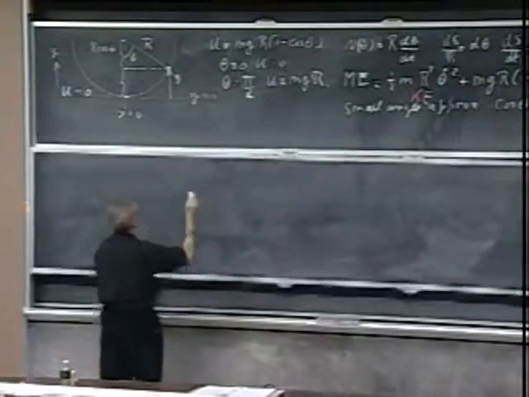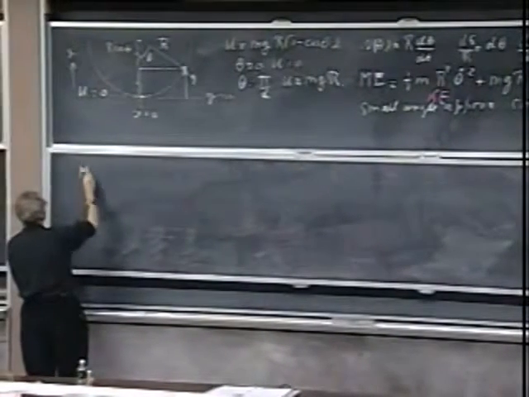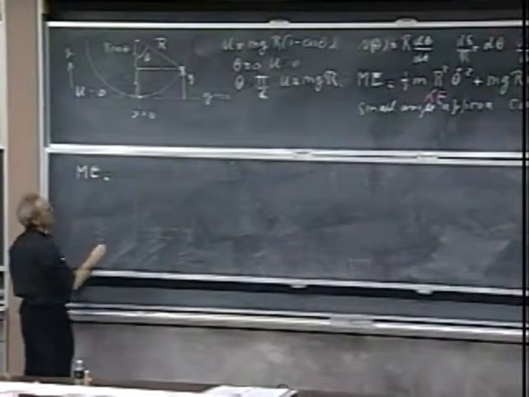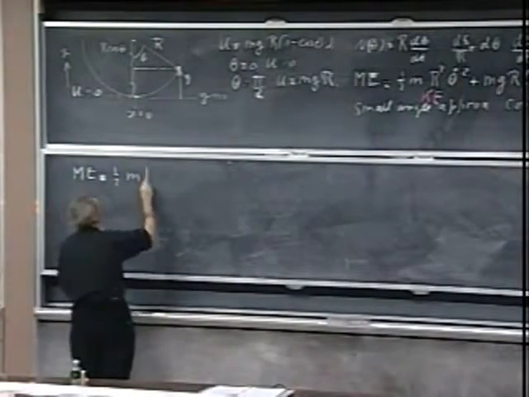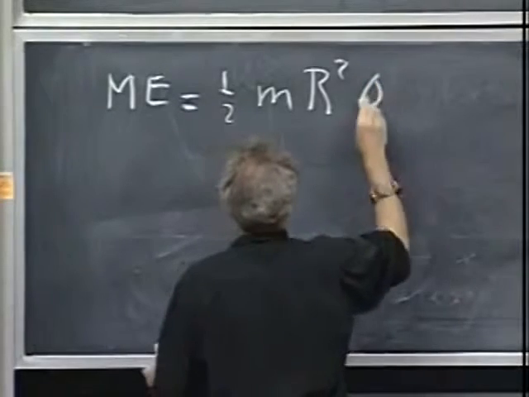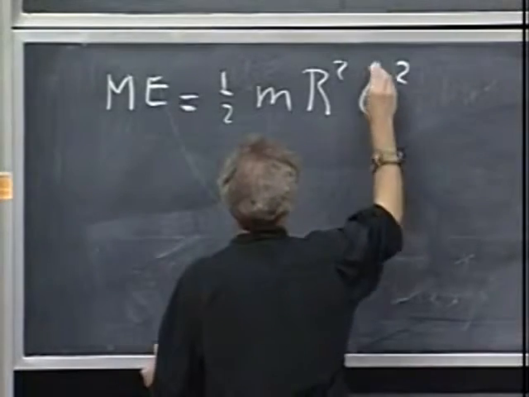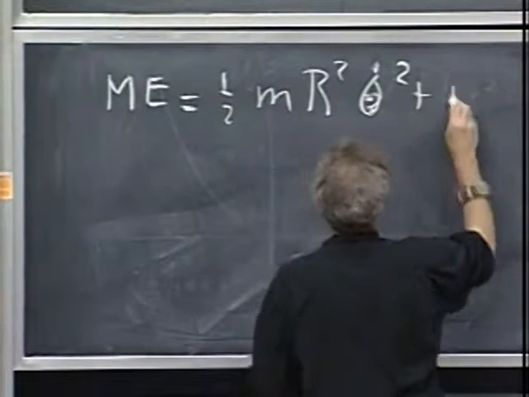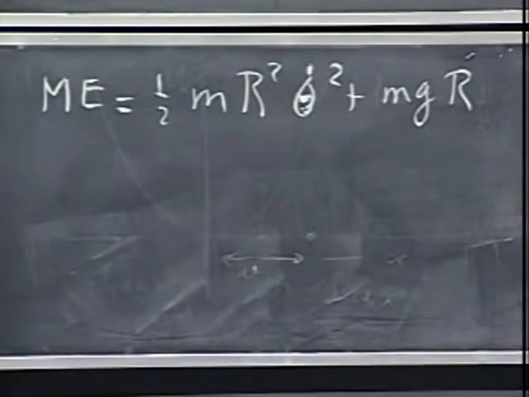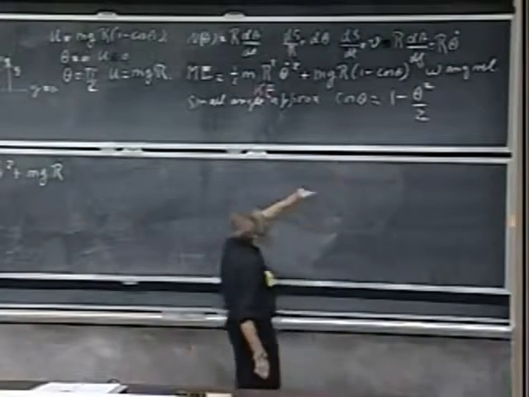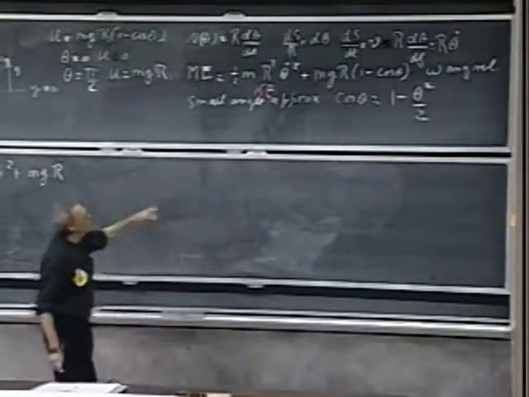So we're going to get that the mechanical energy, which is not changing, equals 1/2 m r squared theta dot squared plus mgr. Cosine squared becomes 1 minus theta squared over 2. So we have a minus times minus becomes plus.